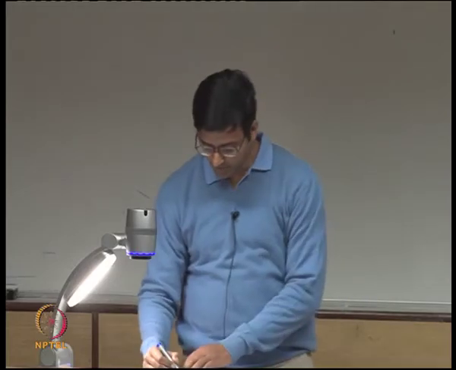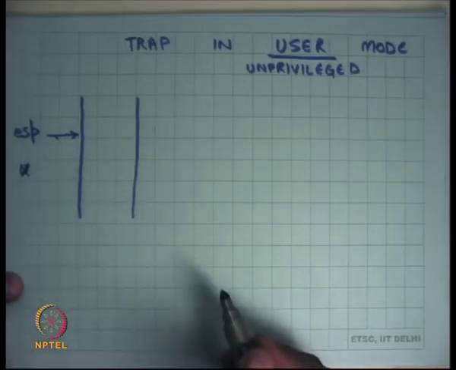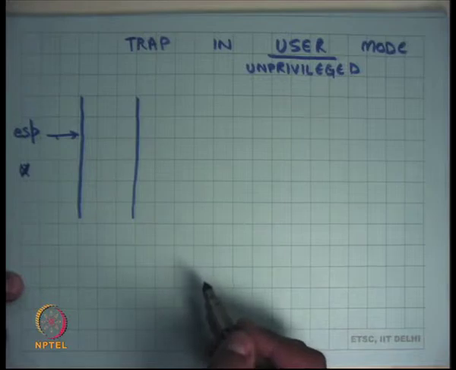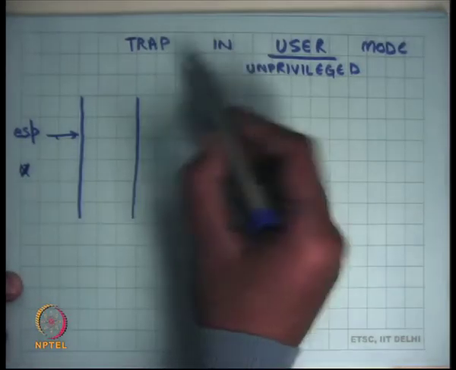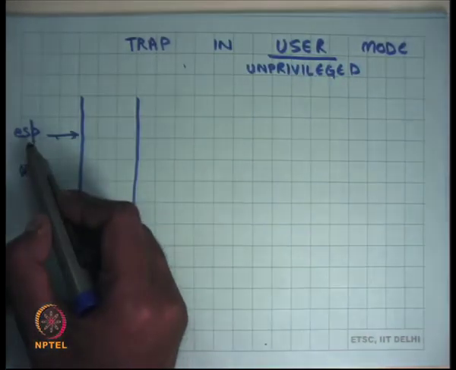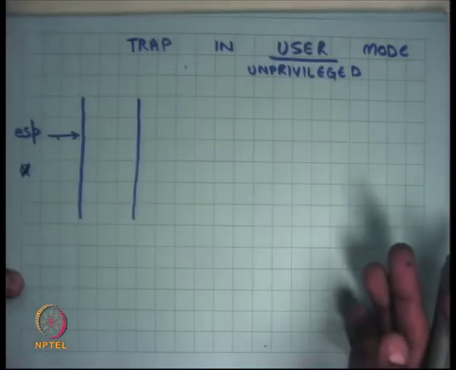So that's not acceptable. So what's really needed is that if you receive a trap in user mode, you should also switch the stack pointer before you start pushing things, right?